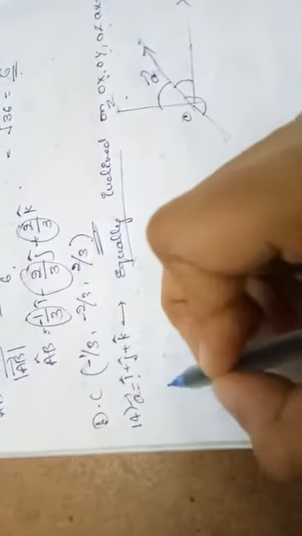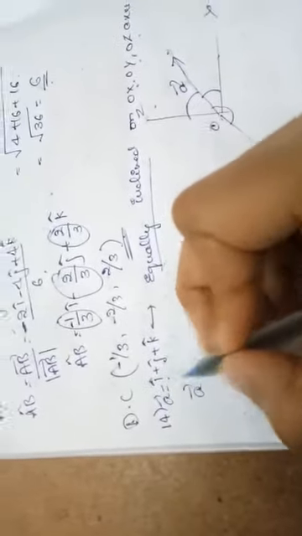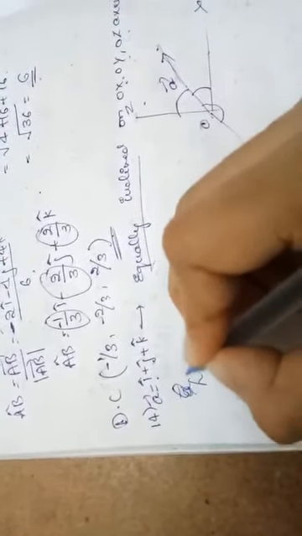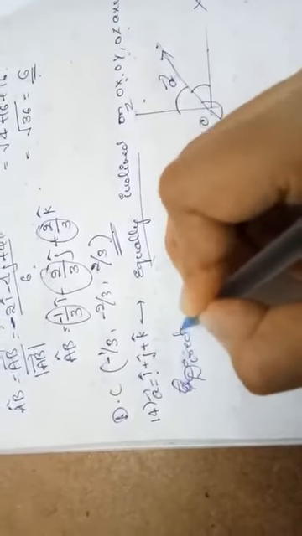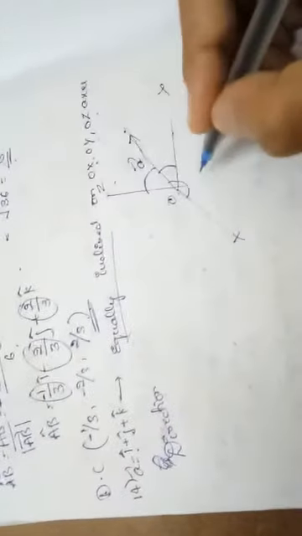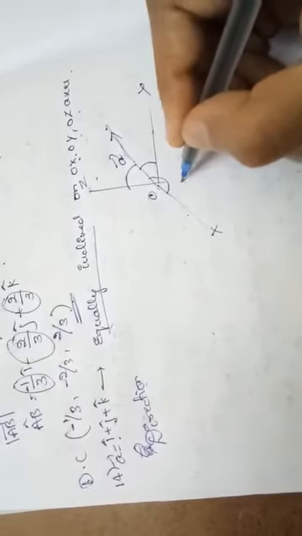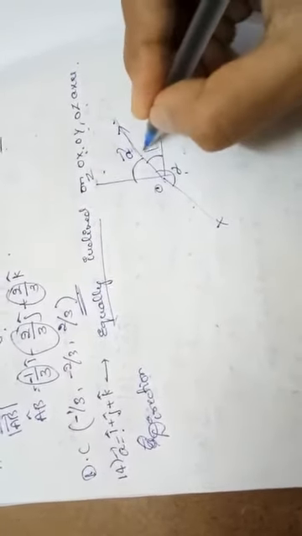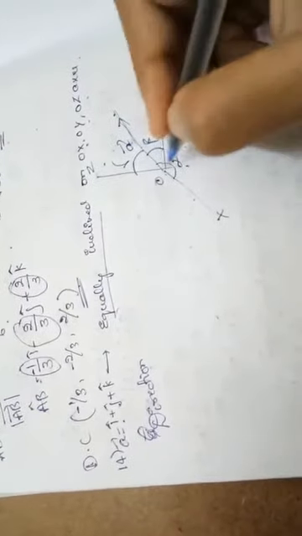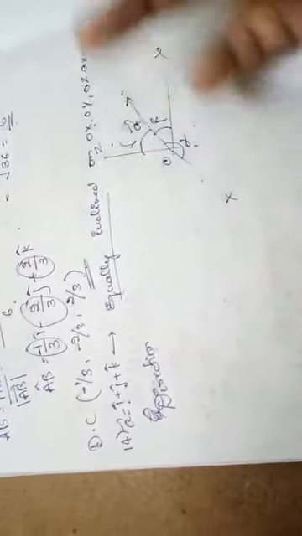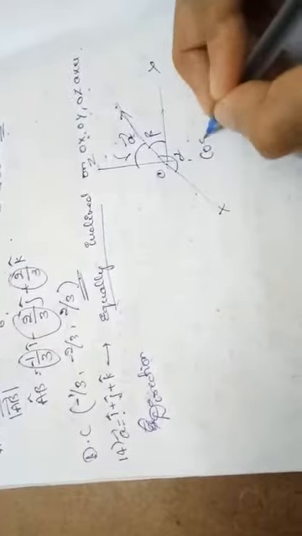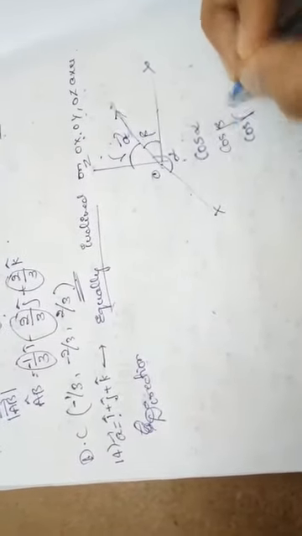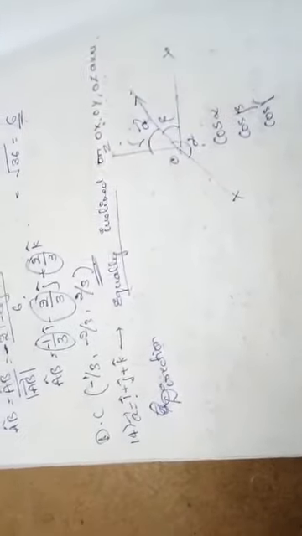So this is our given vector. Let us find the direction cosine. Why do I need the direction cosine? Because we know the relation connecting the angles: if these angles are alpha, beta and gamma, then cos alpha, cos beta and cos gamma are the direction cosines.